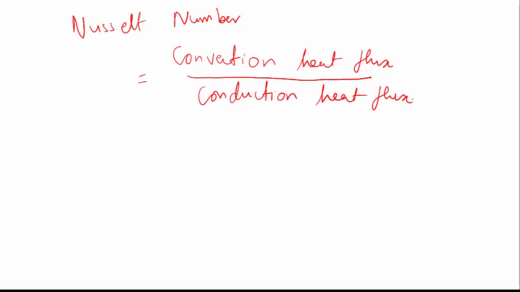Therefore there is no difference between them; we can say heat transfer is either conduction or convection, no problem. But a Nusselt number greater than 1 means the convection effect is dominant compared to conduction. Therefore, for convection heat transfer, the Nusselt number is greater than unity.